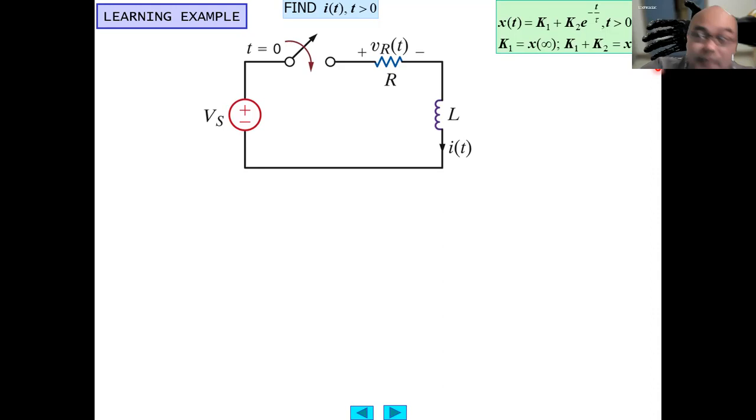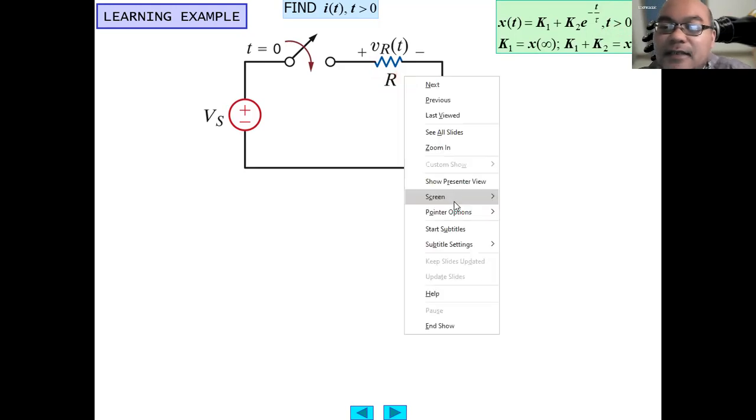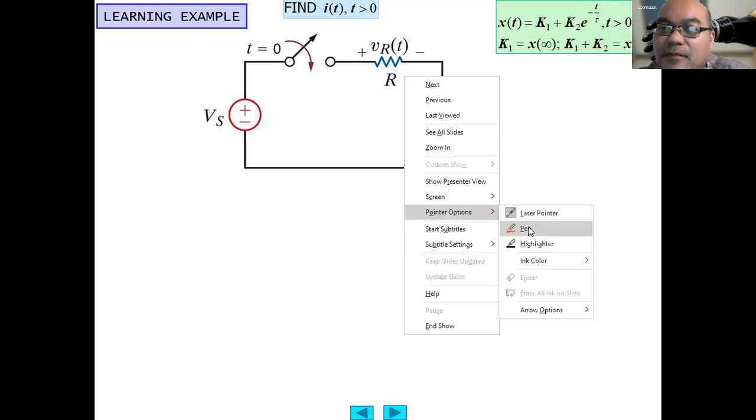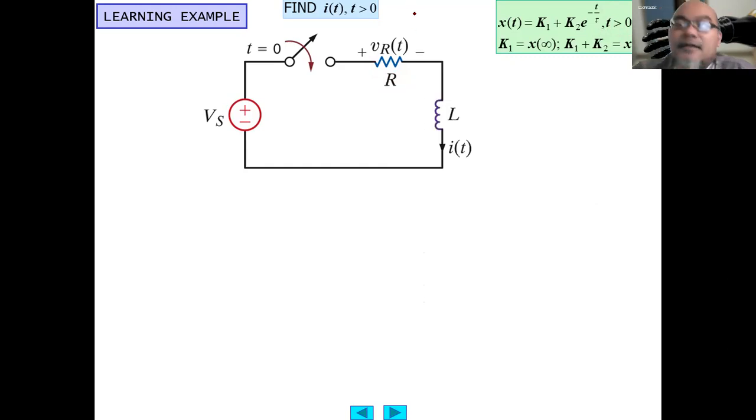So this is the solution when you already derive the equation and then re-express it in the basic form. The basic form will be tau dx dt plus x equals f. You have to express the equation of the circuit in this basic form.